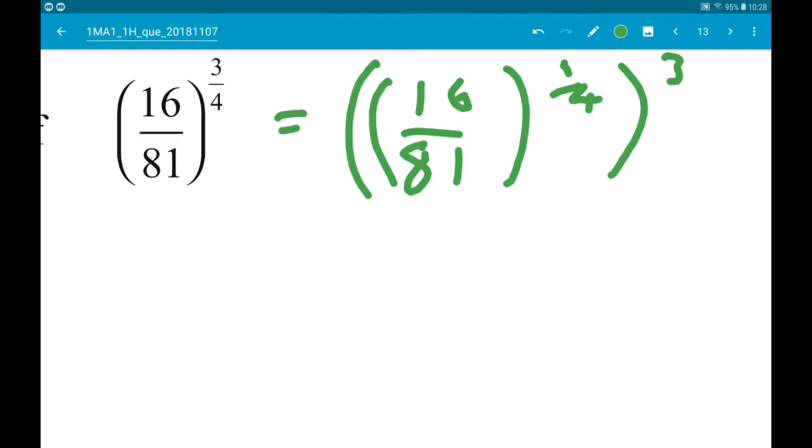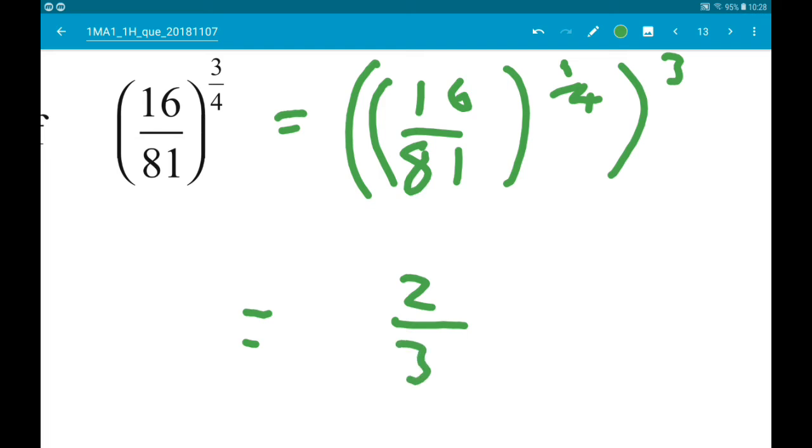Now setting something to a power of a quarter wants the fourth root. So 2 times 2 times 2 times 2 is 16. So 16 to the quarter is 2. 3 times 3 is 9, times 3 is 27, times 3 is 81, so 81 to the quarter is 3.